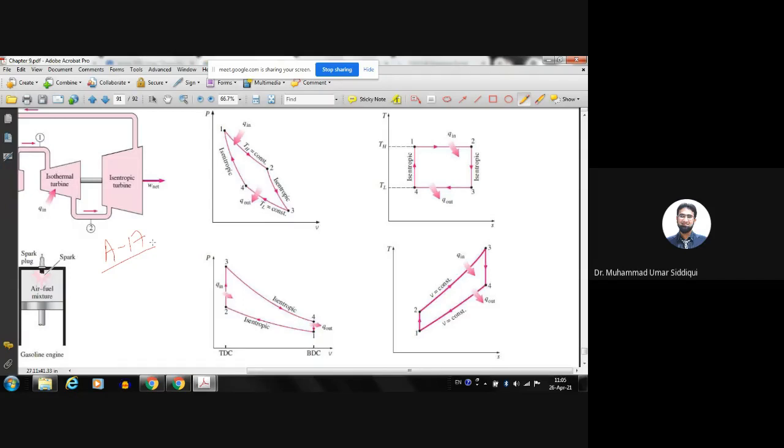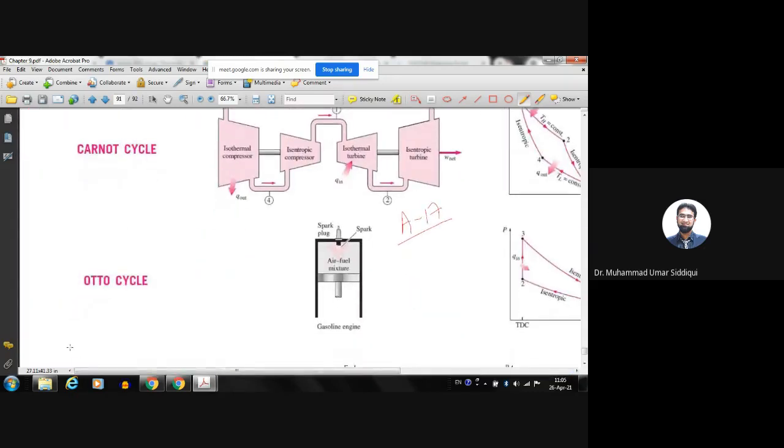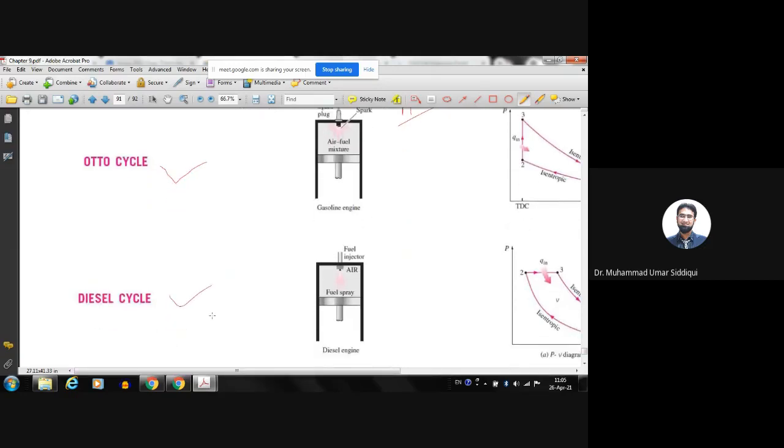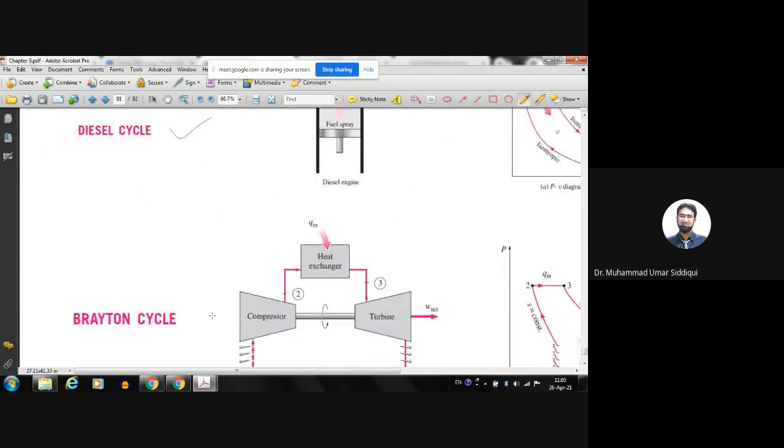There are actually three different kinds of cycles which we are going to study in detail. These cycles are the Otto cycle, then the diesel cycle, and the last one is the Brayton cycle.